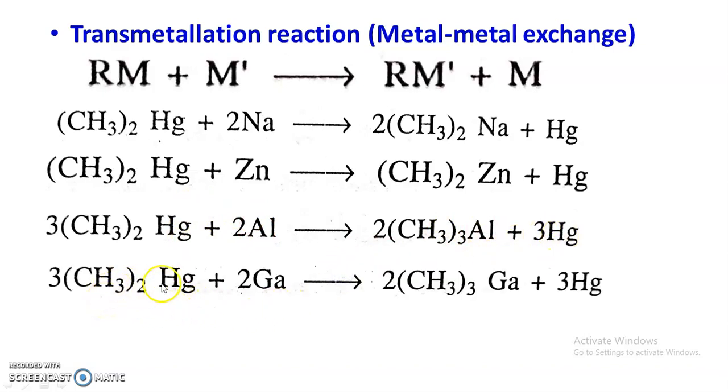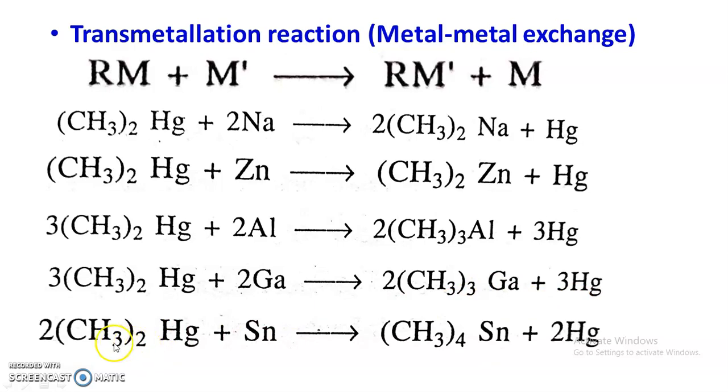Similarly, dimethyl mercury mixed with gallium gives trimethyl gallium plus mercury. And when dimethyl mercury is mixed with tin, tin displaces mercury and we get tetramethyl tin and mercury. So mercury is collected at the bottom of the reaction mixture, which is reused again.